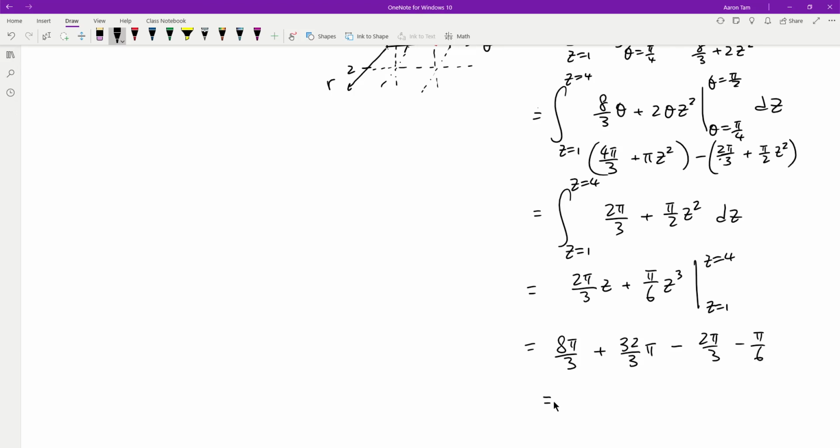So if I'm looking at this correctly, that would be 16 pi plus 64 pi minus 4 pi minus pi, over 6. So it looks like 75 pi over 6. If I divide both by 3, 75 pi over 6 is 25 pi over 2.